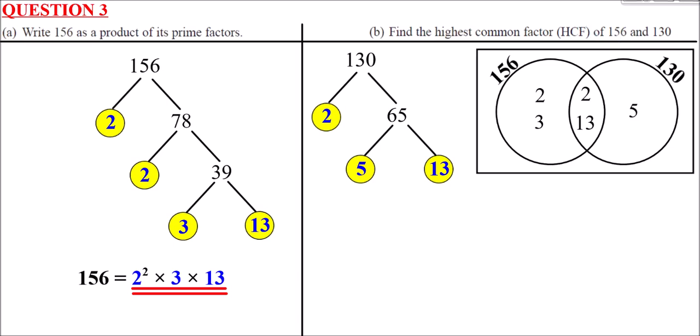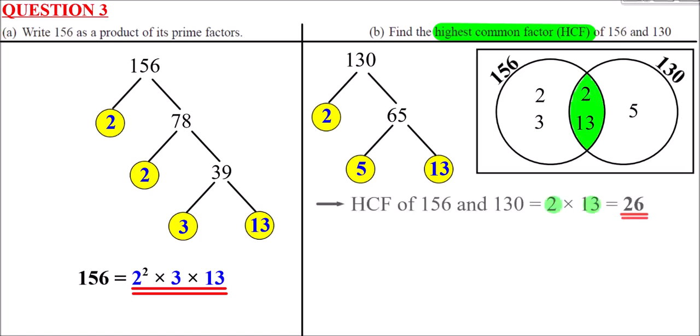Now, because we want the highest common factor, what we want here is to multiply just the middle numbers together. If, by the way, we wanted the lowest common multiple, that's where we multiply all of these numbers by each other. But for the HCF, all we need is to multiply the 2 numbers in the middle together, so 2 times 13 gives 26. Therefore, the highest common factor of 156 and 130 is 26.